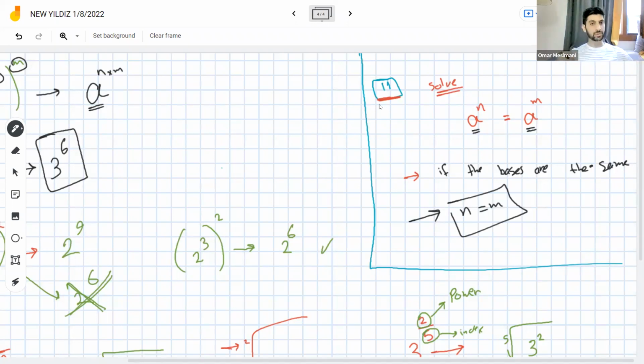Do you understand? This is such an important rule, guys. On the left-hand side and the right-hand side, if both have the same base, it means that the power here and the power there have to be exactly the same, so power n equals power m. This is so important.